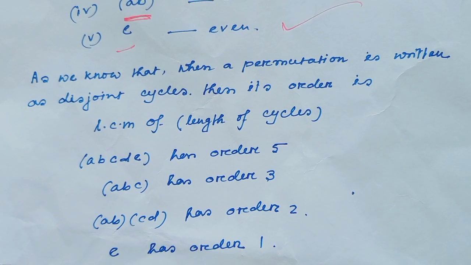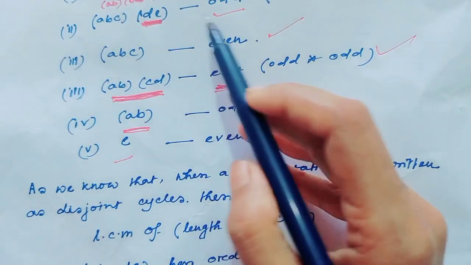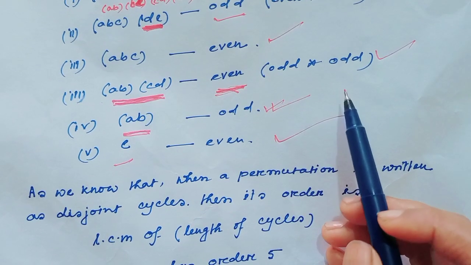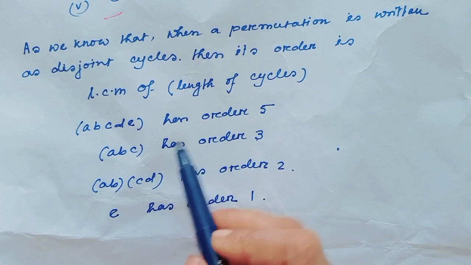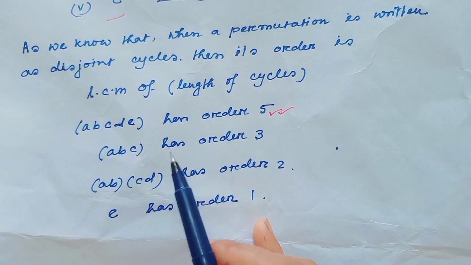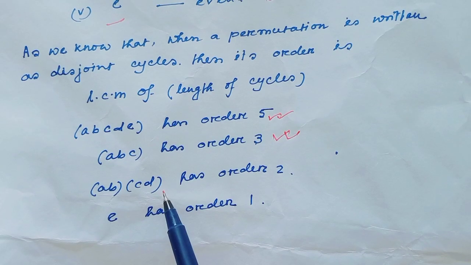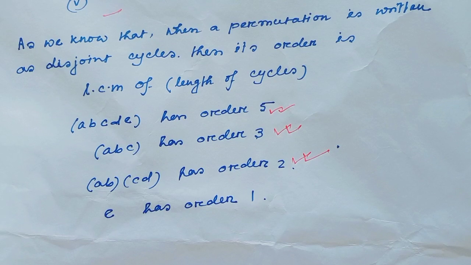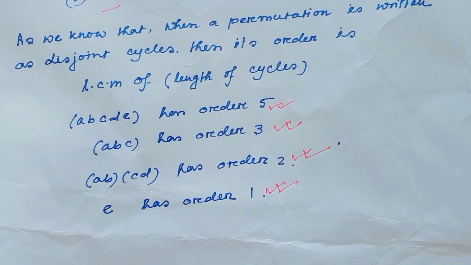This is the order of any permutation. Since this type of permutation is even, A5 contains (A, B, C, D, E), whose order is 5, (A, B, C), whose order is 3, (A B)(C D), whose order is 2, and the identity, whose order is 1.